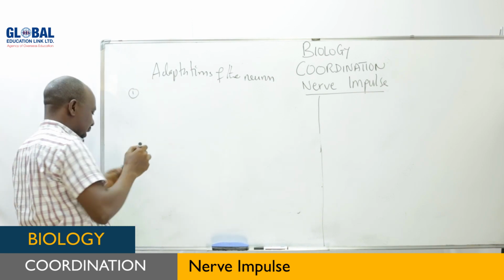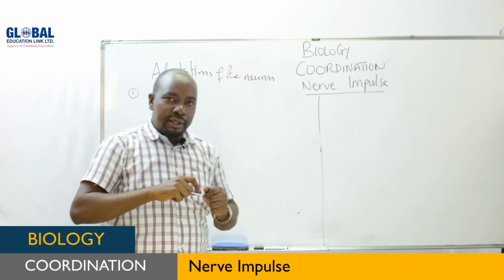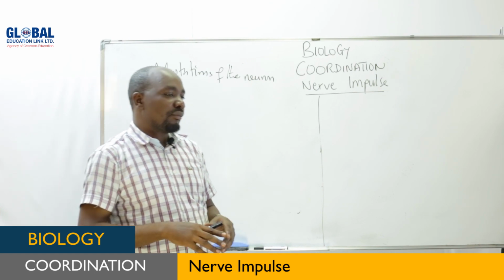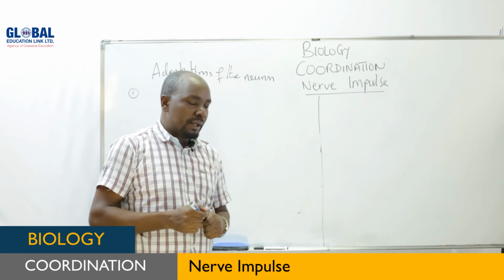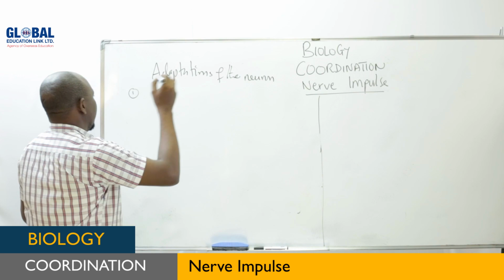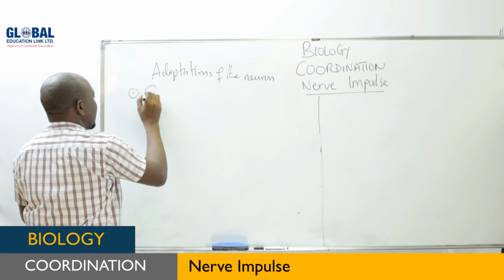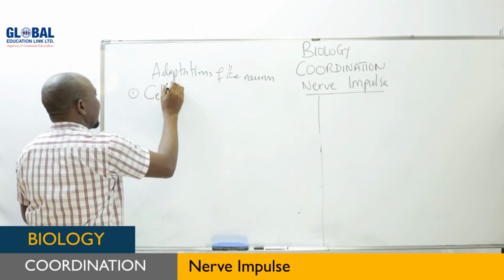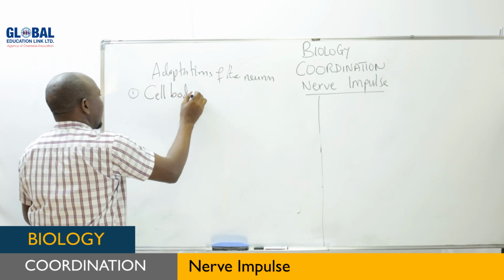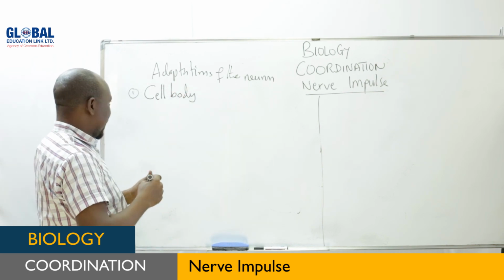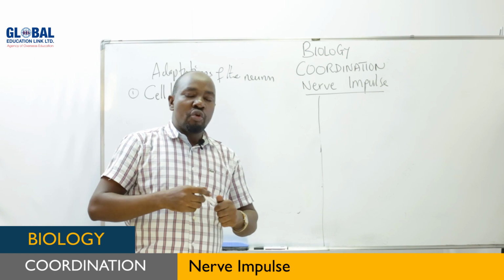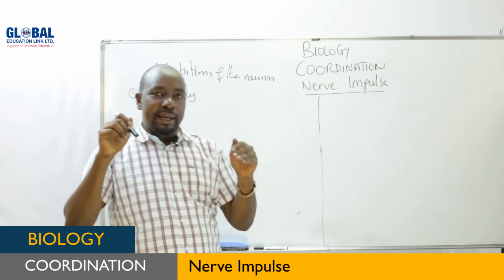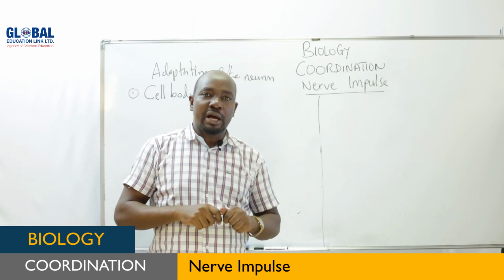The first adaptation: the neuron is like other body cells. They contain a nucleus in the cell body. The cell body is the part of the neuron where the nucleus and other cell organelles are found.